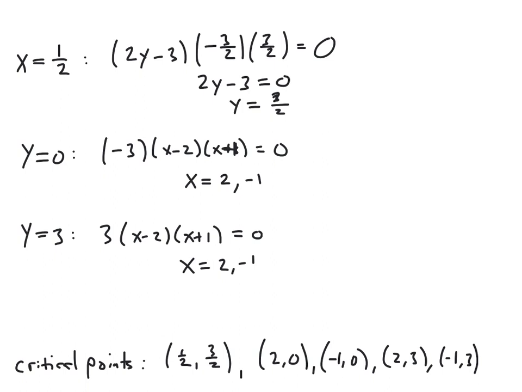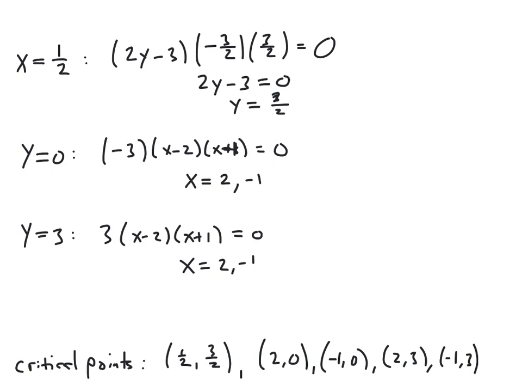We did this by taking f sub x equal to 0 and finding the 3 possibilities for that equation to be 0: x is 1/2, y is 0 or 3. Then we took each of those and substituted it into f sub y equal to 0 and found when that equation was also equal to 0. We could have certainly approached it the other way.